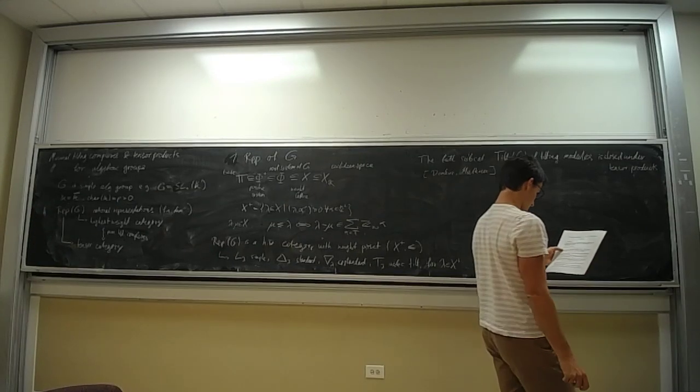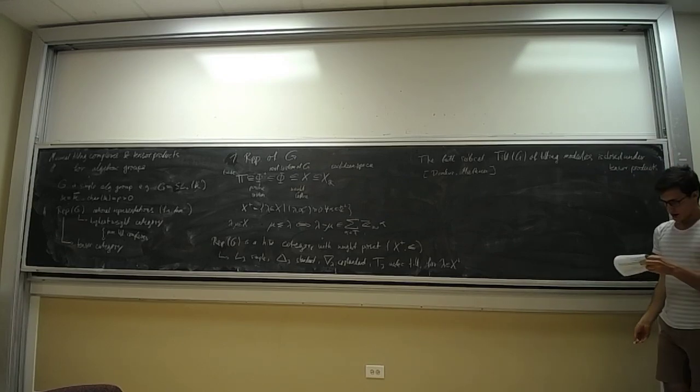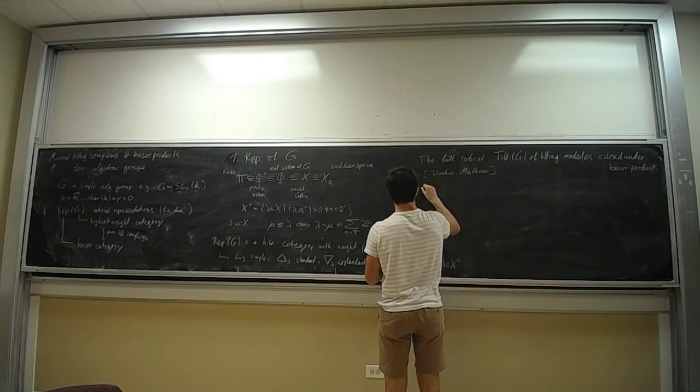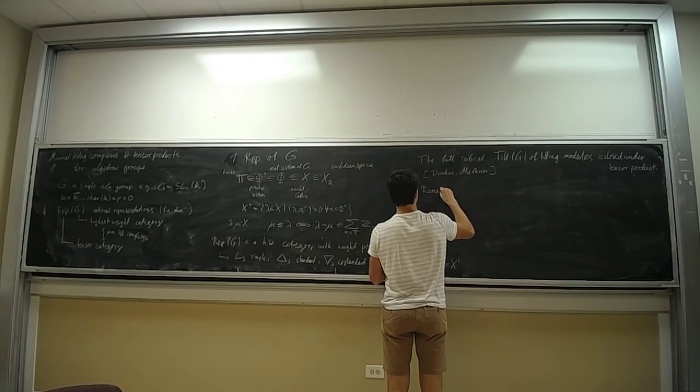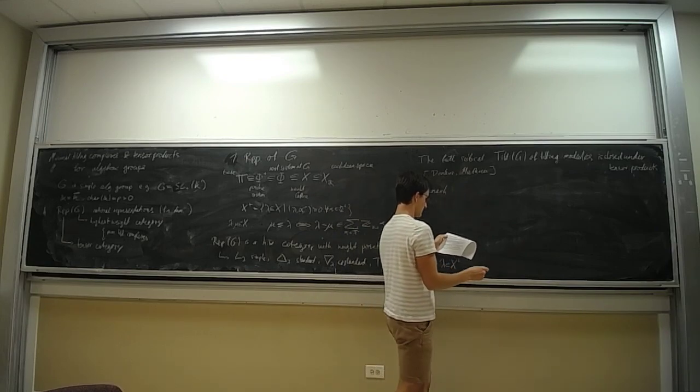Okay, so this is general stuff about representations of algebraic groups that you need to know. And now let me just remind you of what a minimal tilting complex is.